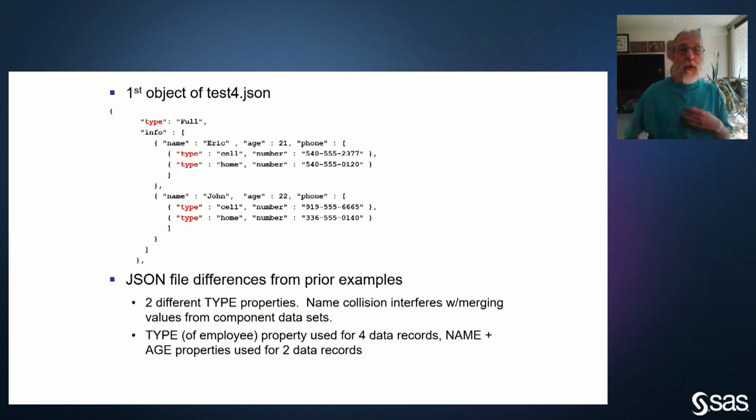There's 2 blocks of 2 records with name and age, and all 4 of those really will want to have the type of full. And then for name plus age, each of those values, Eric and 21 or John 22, are also used for 2 observations each. So this is much different than what we've been doing before.